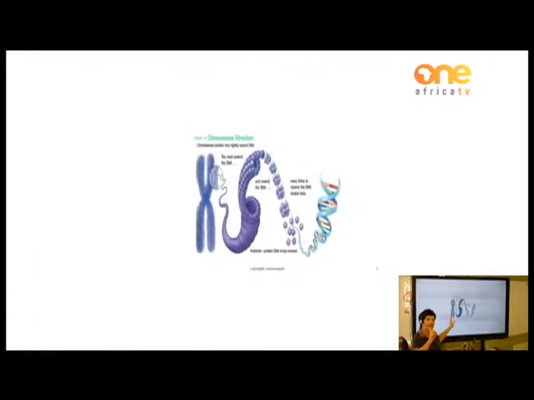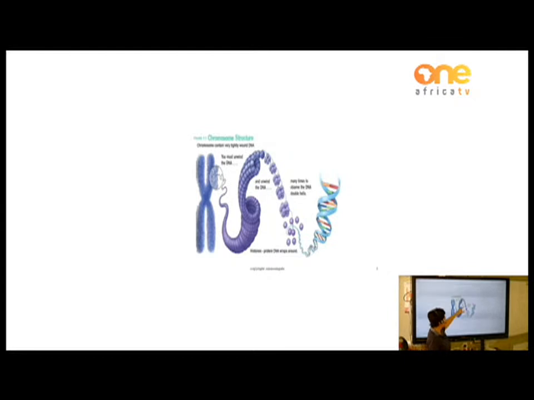I see a chromosome. And a chromosome is a length of DNA with a lot of genetic information on it. That length of DNA is actually the genetic material.